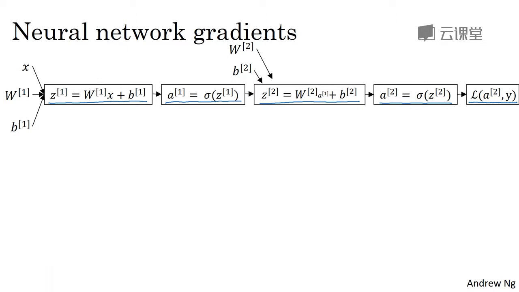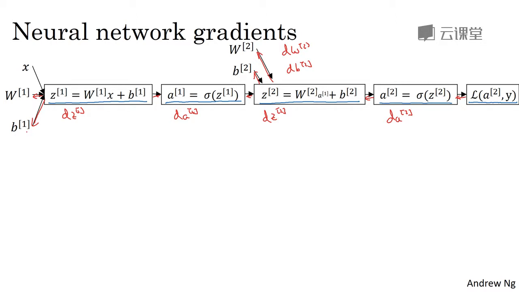So what backpropagation does is it will go backward to compute dA2, and then dz2, it can go back to compute dw2 and db2, go back to compute dA1, dz1, and so on. Okay.